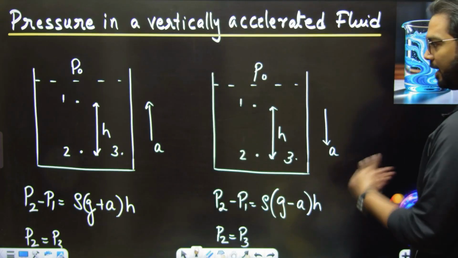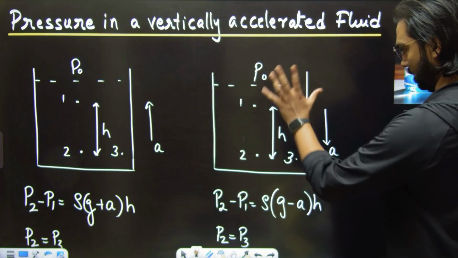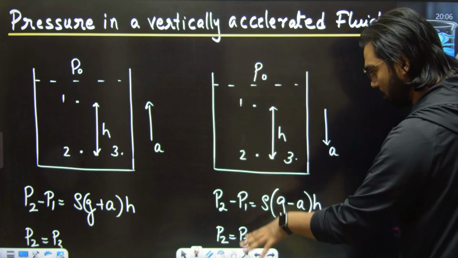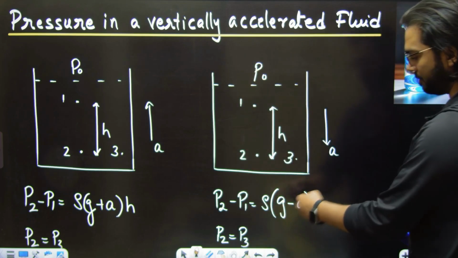And similarly, if I have a container going downwards in a lift, then this becomes rho g minus a times h.